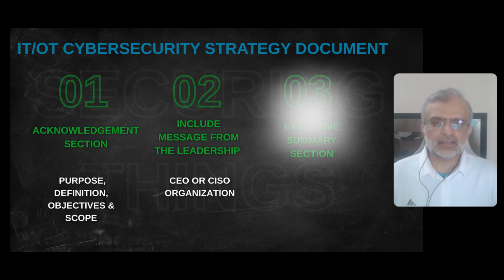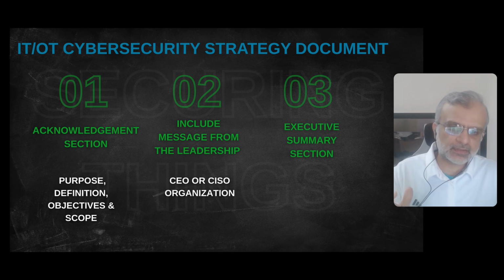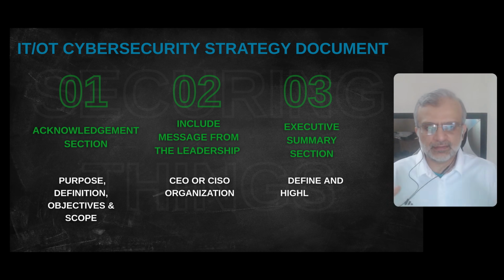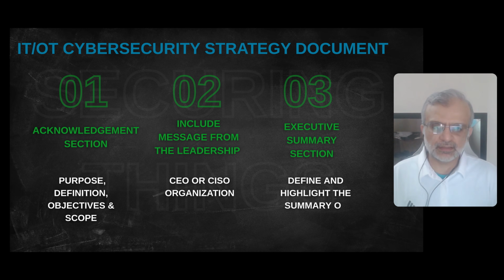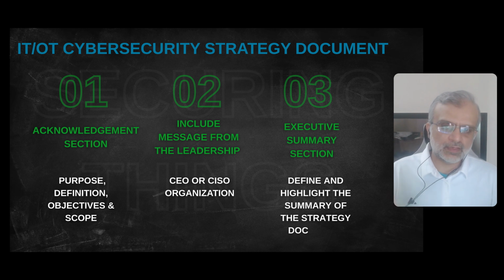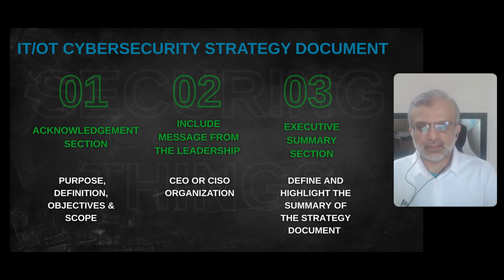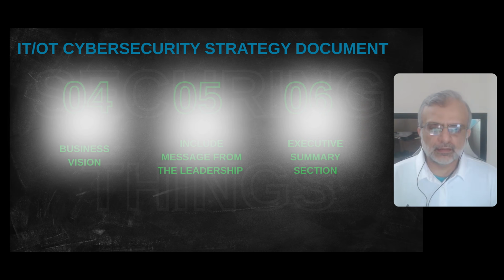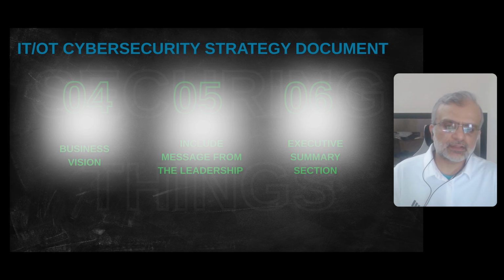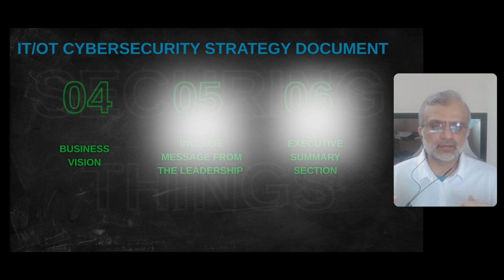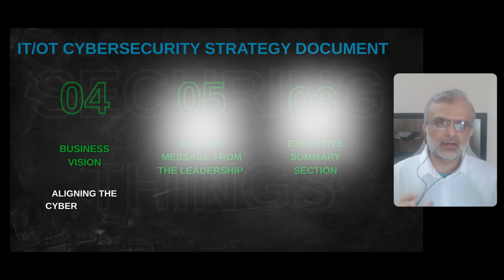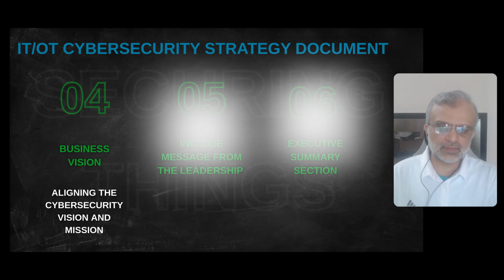Then the next section would be an executive summary, which would highlight the summary of the strategy document, like why we are doing this, what is expected, and who it is for. Then within the executive summary or a separate section, we would define the business vision and aligning the cybersecurity vision and mission in line with the business vision.